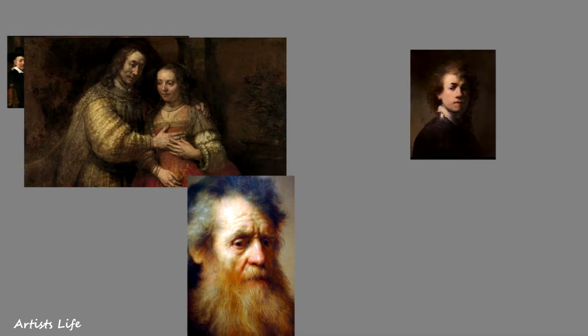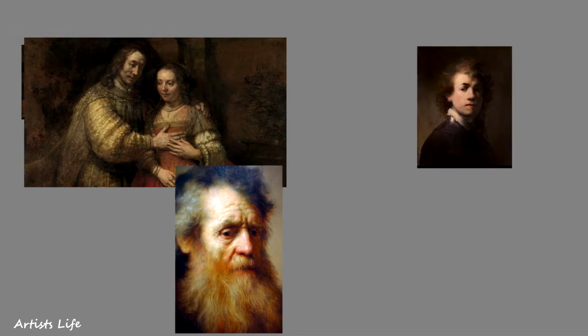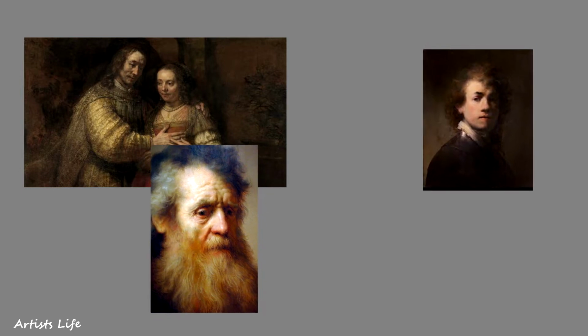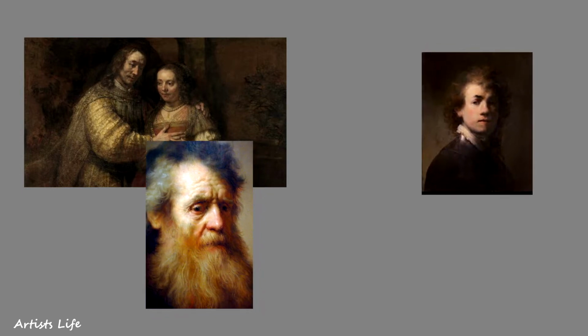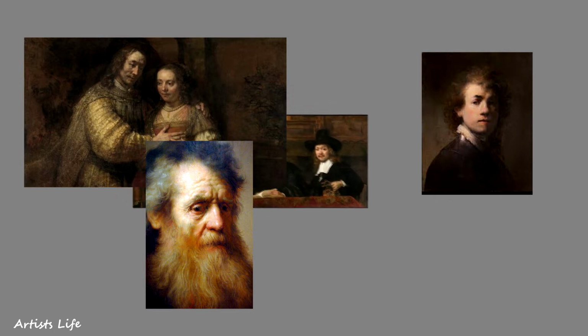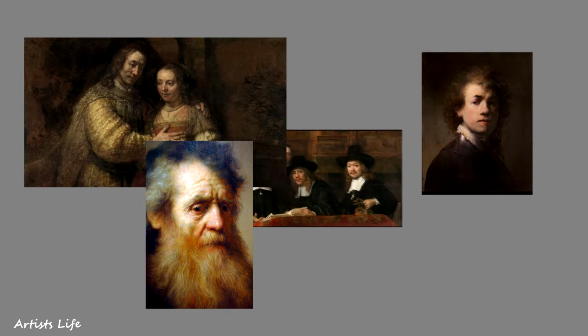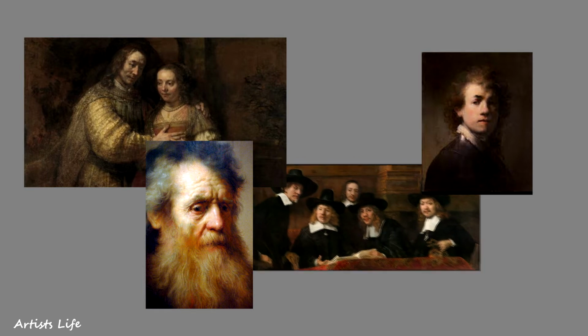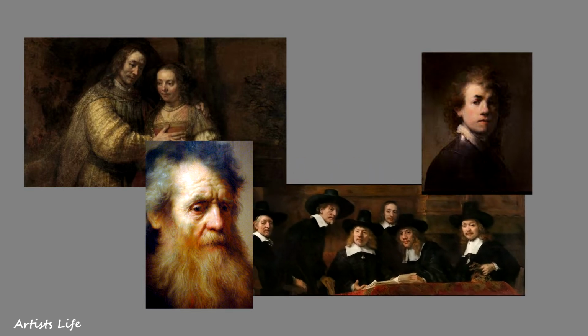Unlike most Dutch painters of the 17th century, Rembrandt's works depict a wide range of style and subject matter, from portraits and self-portraits to landscapes, genre scenes, allegorical and historical scenes, and biblical and mythological themes, as well as animal studies.